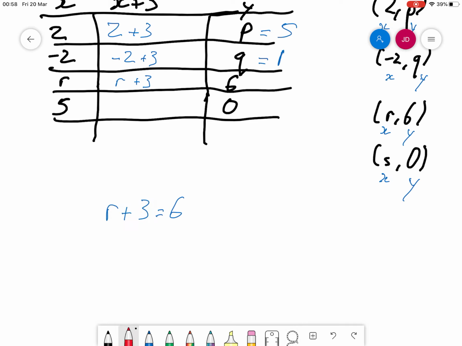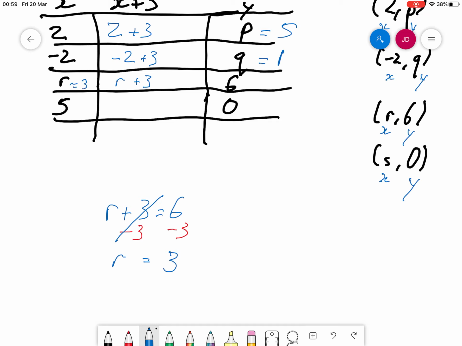So how do I do that? Well, I'm going to subtract 3 from each side. That's going to leave me with r equals, because plus 3 minus 3 cancel out, and 6 minus 3 is equal to 3. So therefore, r is going to be equal to 3.